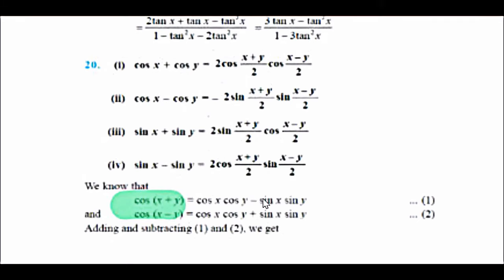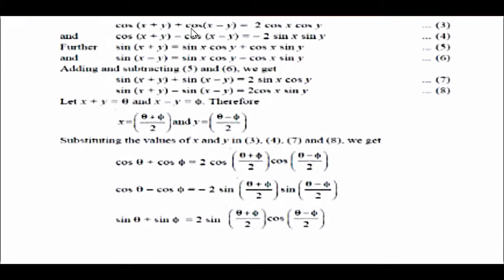When we add, the sin terms will get cancelled. When we subtract, the cos terms will get cancelled. So when you add them, you'll get 2 cos x cos y. When you subtract them, you'll get minus 2 sin x sin y. See, these third and fourth results you have to remember because we are going to use them again.